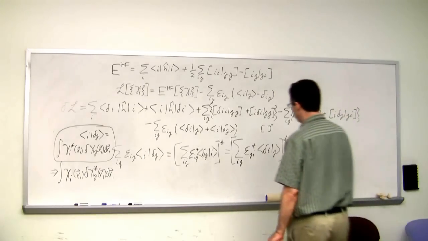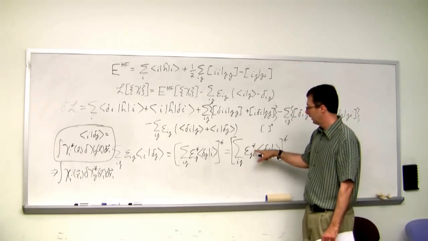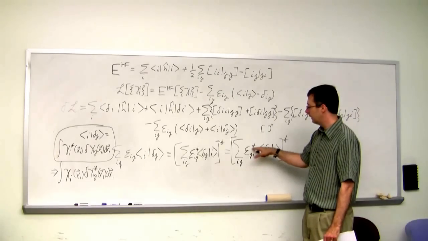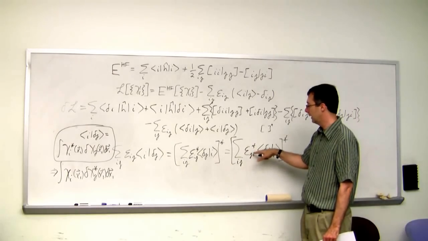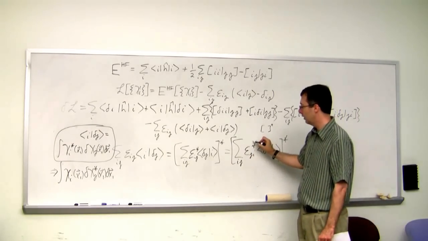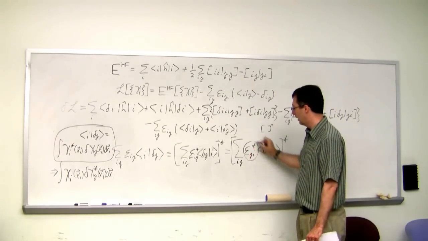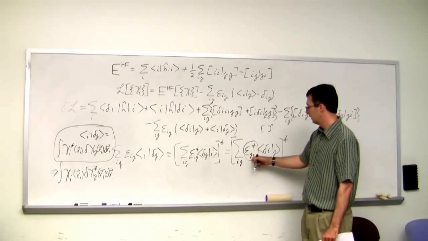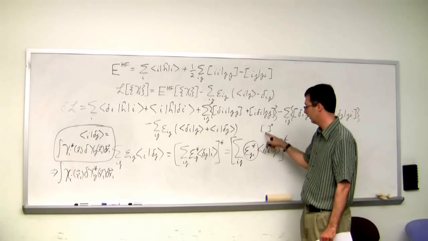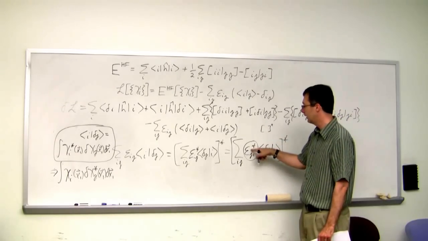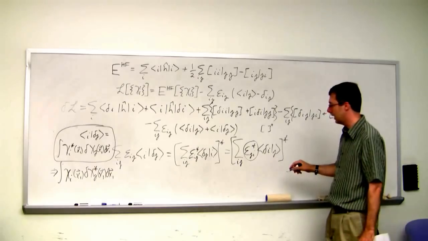So, thinking in matrix terms, epsilon ji star is a matrix element of the transpose, and if these belong to some kind of Hermitian matrix, where the adjoint is the same as itself, that should just be epsilon ij.